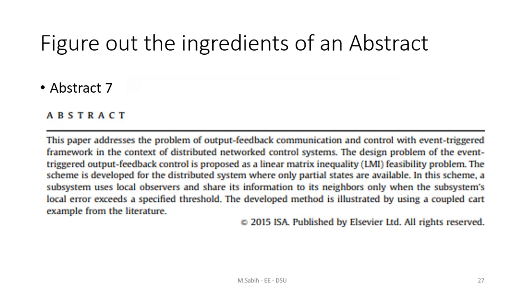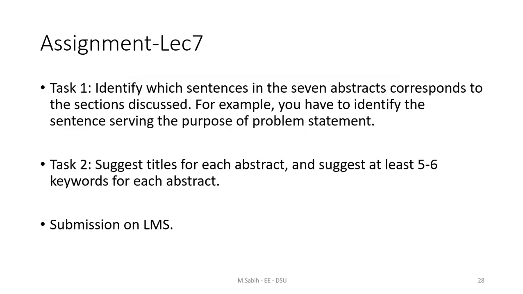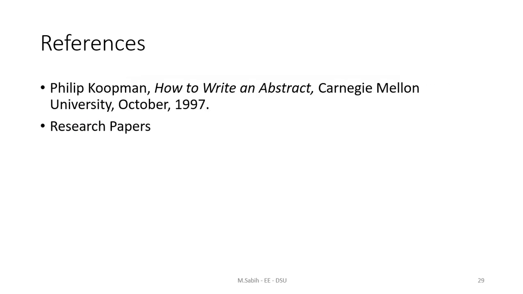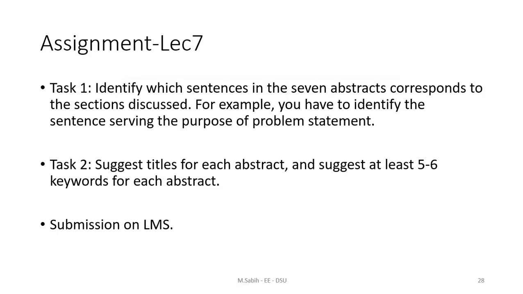So there are 7 abstracts, and your task is to identify which sentences in the 7 abstracts correspond to the sections discussed. For example, identify the sentence serving the purpose of problem statement. Your task 2 is to suggest titles for each abstract, and try to suggest at least 5 to 6 keywords for each abstract. And please submit your work, and please try to do it by yourself and with honesty.